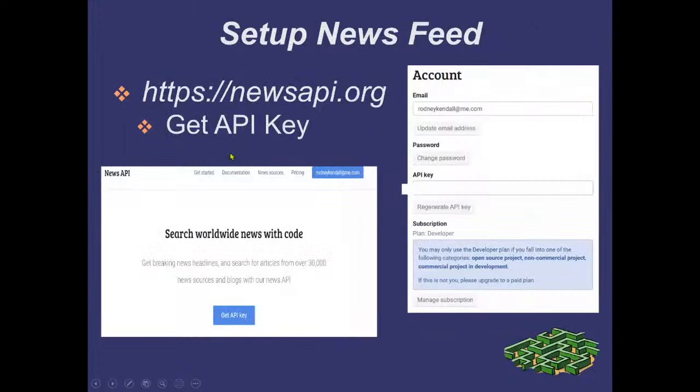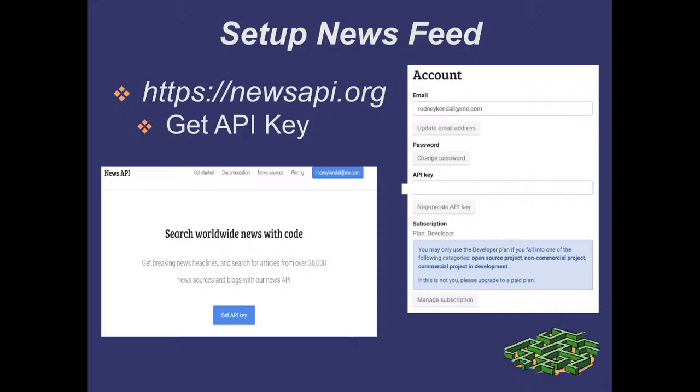Okay. So the next thing that we have to do is set up this news feed that we were talking about. And it's very simple. There is this site called newsapi.org, and it compiles the information and allows you to download the various current news articles. It's real simple. You go to newsapi.org, and there's a big link there that says Get API Key.